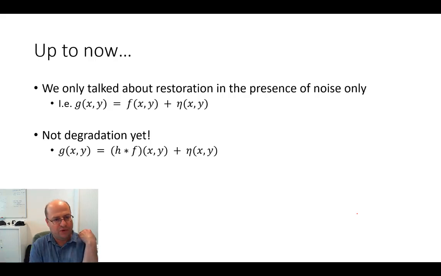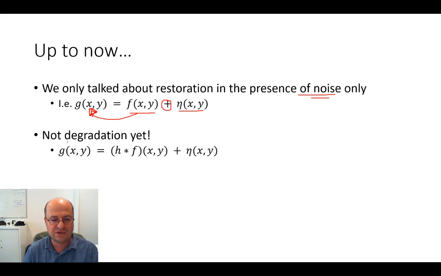So up to now, we only talked about restoration in the presence of noise, right? We've been dealing with a process where, given your original image, you had a portion of additive noise that resulted in the image that you are analyzing.